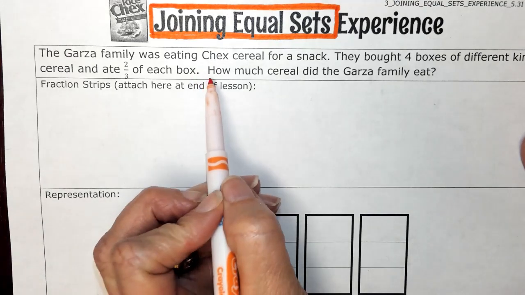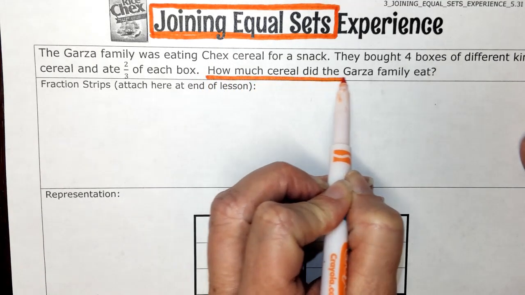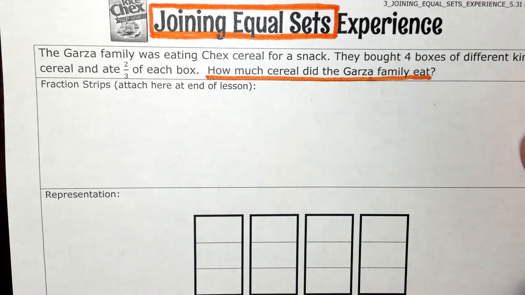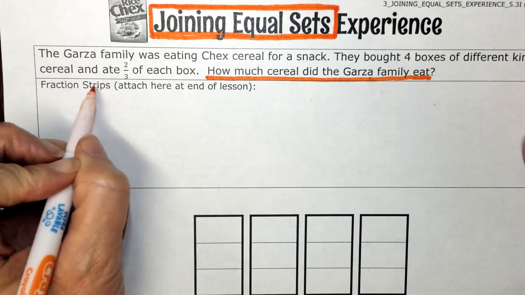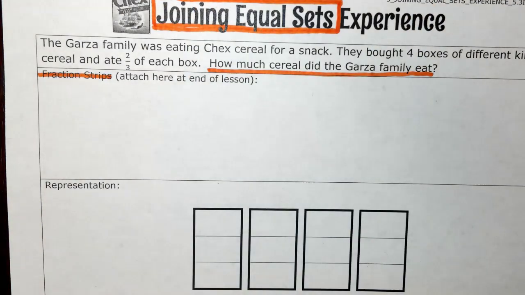So I'm going to go back and think about my question. How much cereal did the Garza family eat? And just writing down in this area, I know it says fraction strips, but we're not going to do that here. We're just going to jot down some details. We want to know who's in the story and what are they doing.